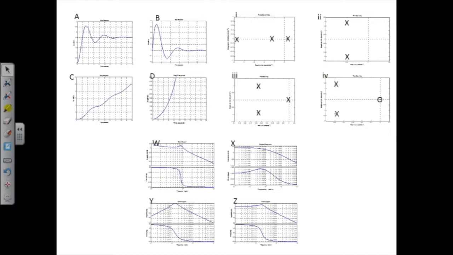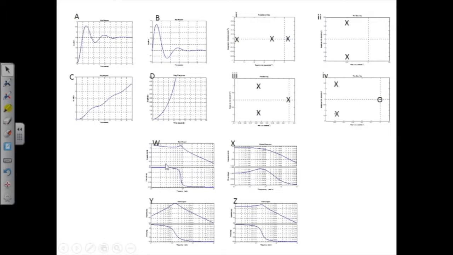What do you get if you differentiate a constant? Nothing. So you should end up back at nothing if there's a differentiator there once all the transients have died away. This one doesn't, does it? This ends up with a fixed value. So I think it's that one. I think it's number 2. It's just a common or garden oscillatory second order system.